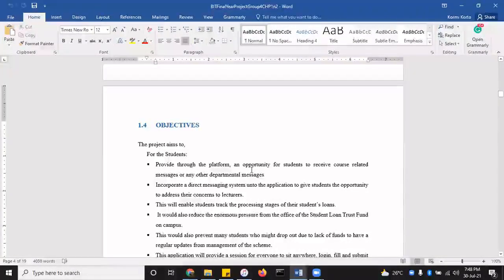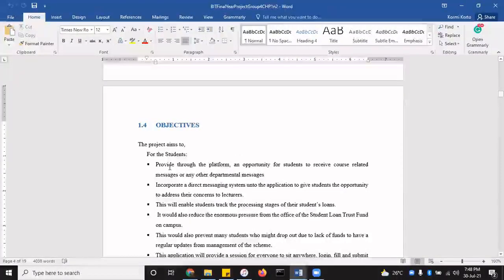You could try by designing an integrated messaging platform that could help with information relay or information transmission that relates to courses or departmental information to students.